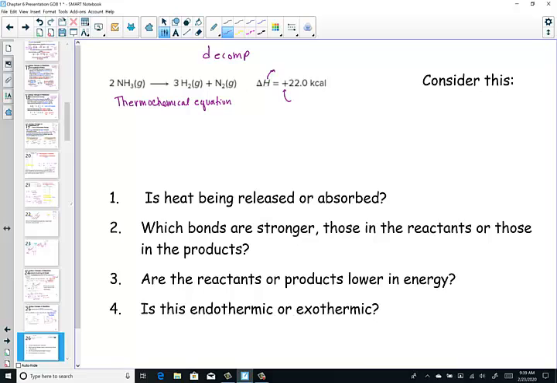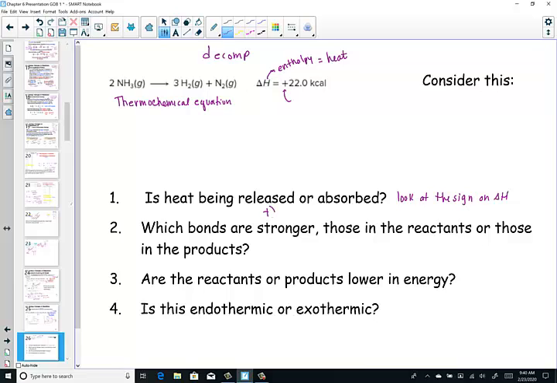I want you to think, and the true definition of this is enthalpy, which is a thermodynamic property related to heat. But it's really okay to just think of delta H as the heat. How much heat is being absorbed or released during this reaction? Well, from a thermochemical equation, to know if it's being absorbed or released, we simply look at the sign. The sign on delta H we see is positive.